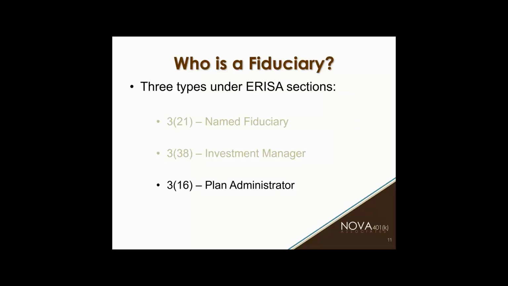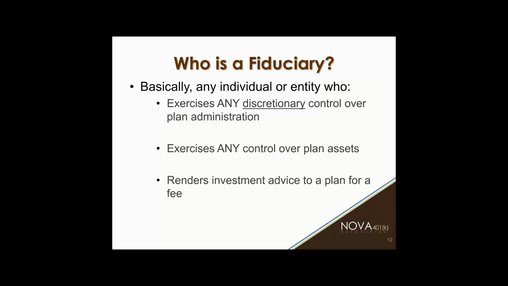So under ERISA, there are three types of fiduciaries that they cover and describe. We're not going to talk about the first two. Those are all investment-related fiduciaries. But the more important one that we want to talk about today is the 316 fiduciary, which is defined as the plan administrator.